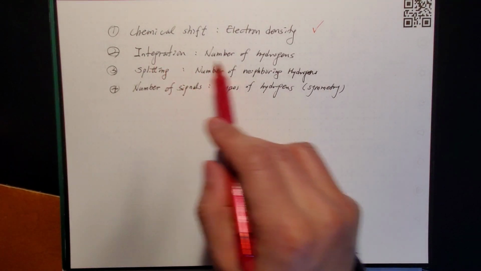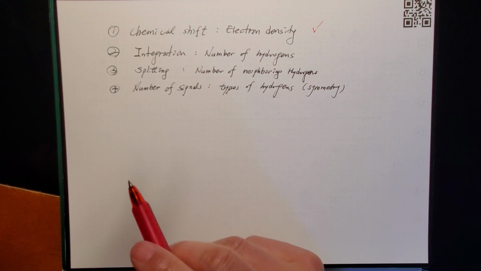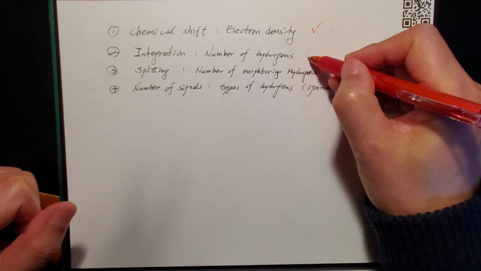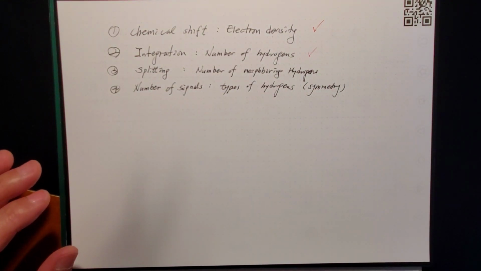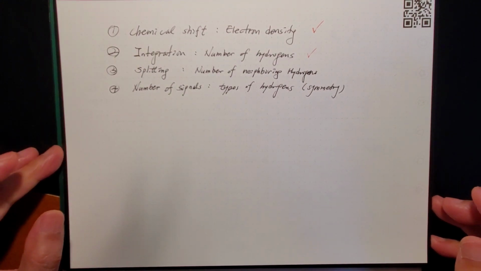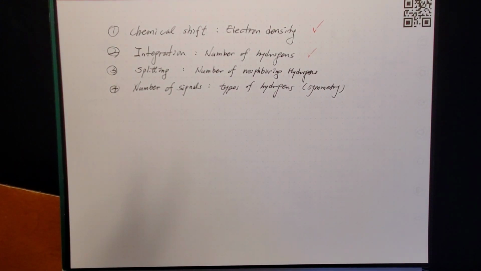And then the integration will be written, and that gives you the number of hydrogens. So there is nothing much we can do for non-majors, because the number is not always the real number of hydrogens. Like I said before, it is just the ratio.